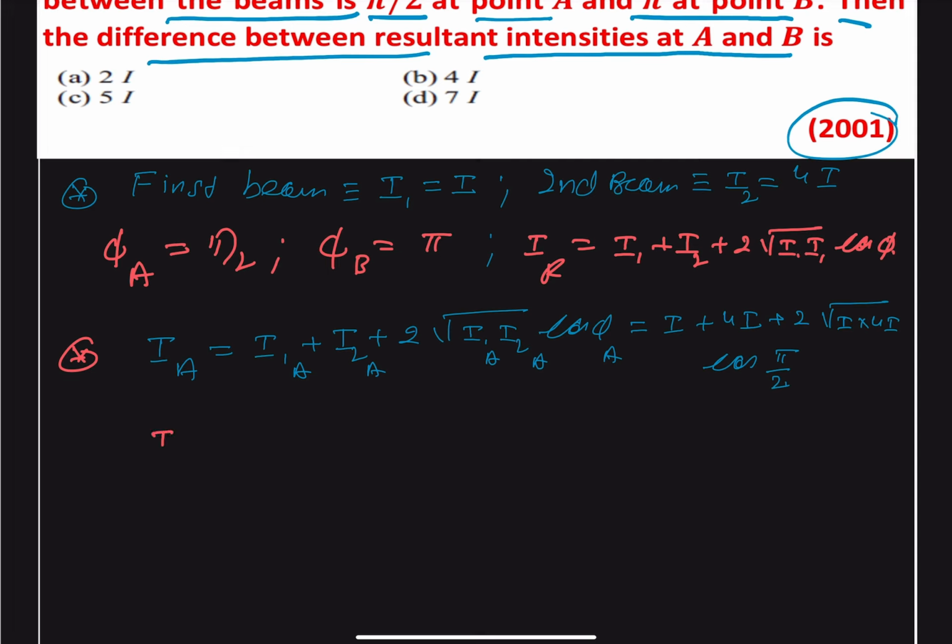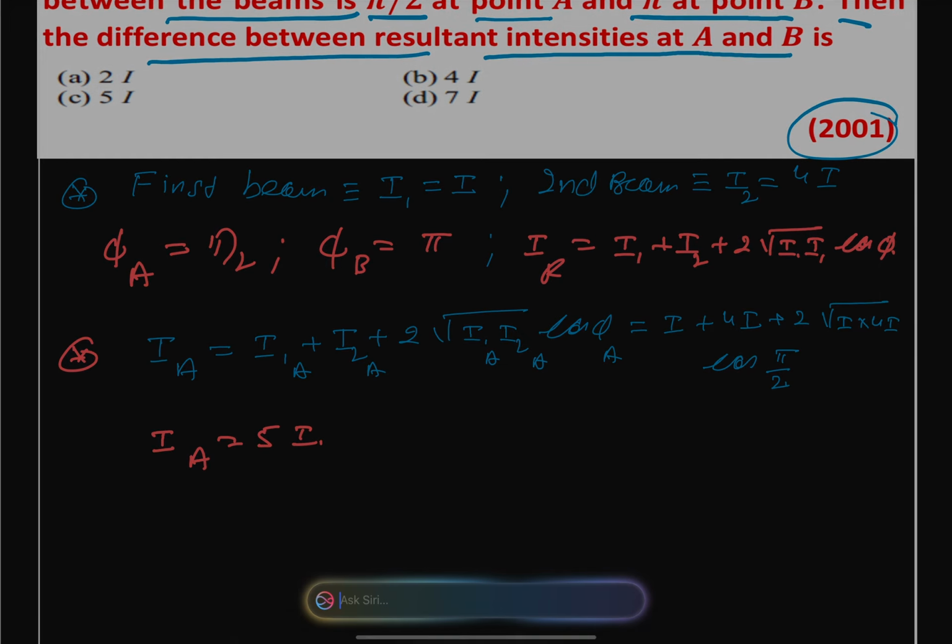Cos pi by 2 is equal to 0, so the intensity IA is 5 times I.